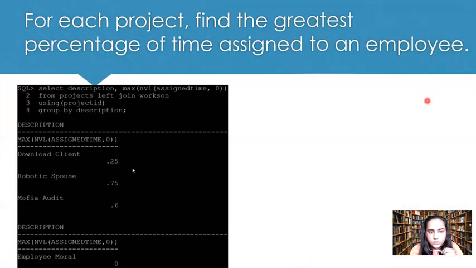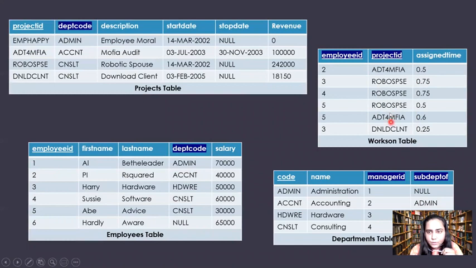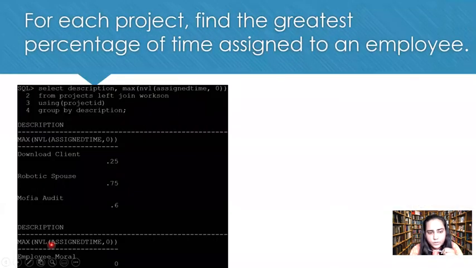So you can see here it is 0.7. And then Mofia audit is having 0.6, which you can verify here. It's coming twice, and 0.6 is the max. So, and of course employee moral, which does not come at all here. So you can say that it is assigned maximum time of 0, which also we have covered here.